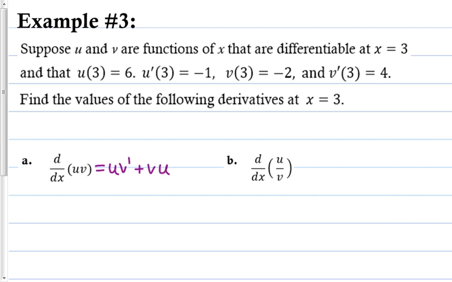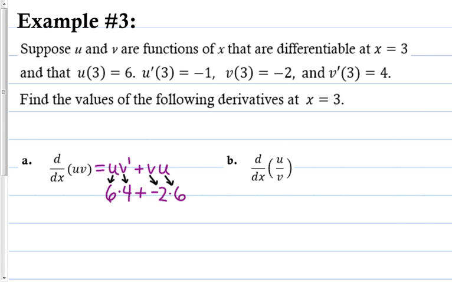So once again, you just get the numerical values. u is equal to 6. v prime is equal to 4. So now plus v, which is negative 2, times u prime.